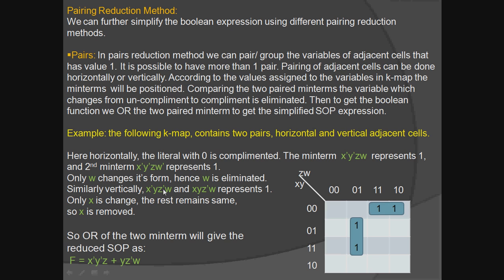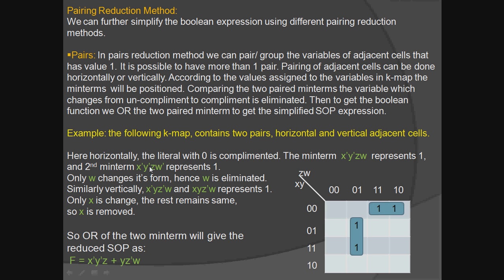So now if you see, x changes, y remains the same, z remains complement in both min terms, w remains the same, only x changes to x complement, so x is removed and the rest will remain the same. And then what we do is that the reduced min terms, we OR the two min terms.